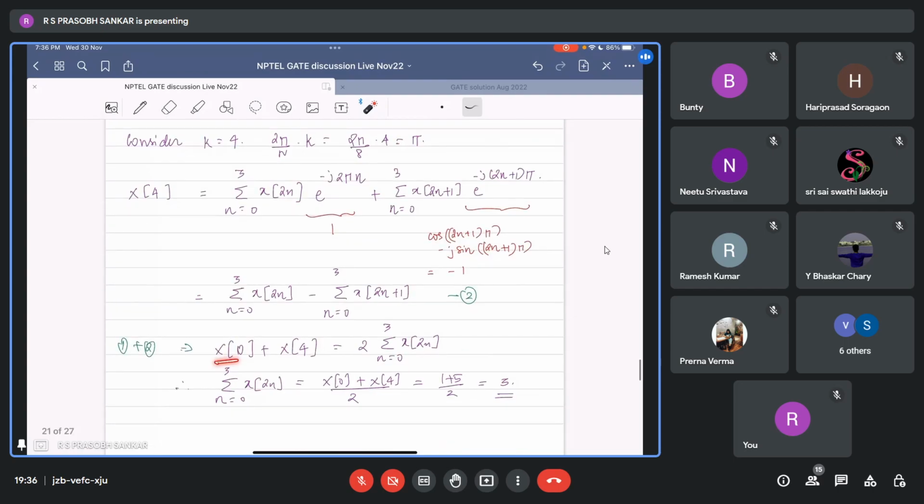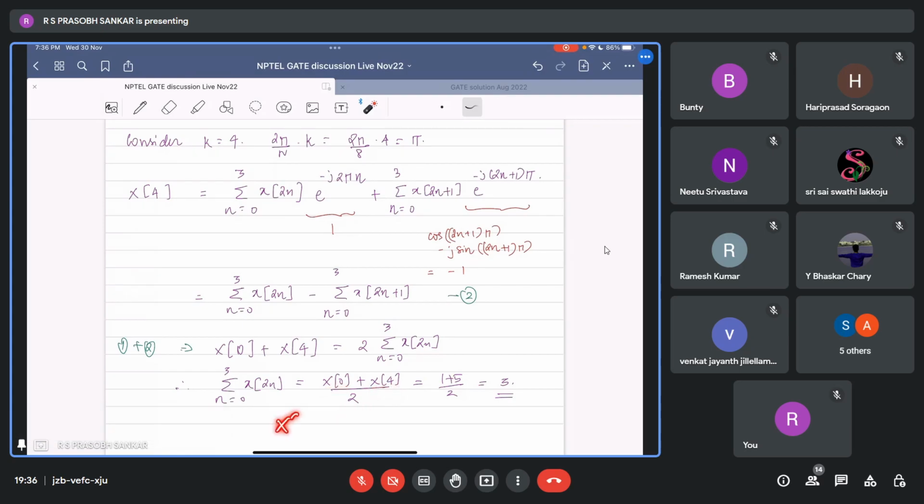I have x of 0 plus x of 4 given by 2 times summation n equal to 0 to 3 x of 2n. What I need to find is the value of this term, summation n equal to 0 to 3 x of 2n. This is given by x of 0 plus x of 4, divided by 2.